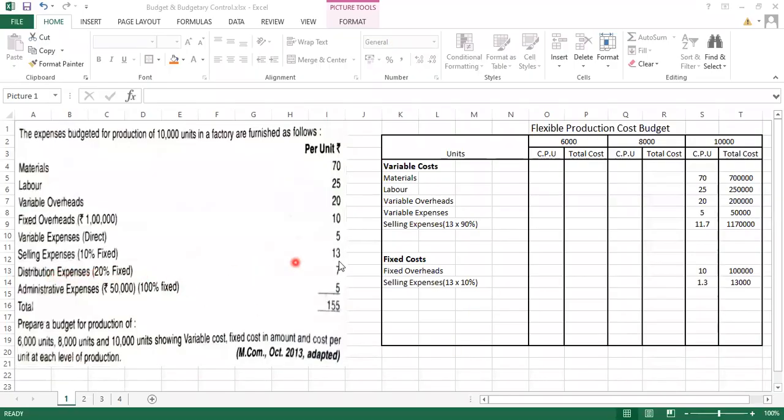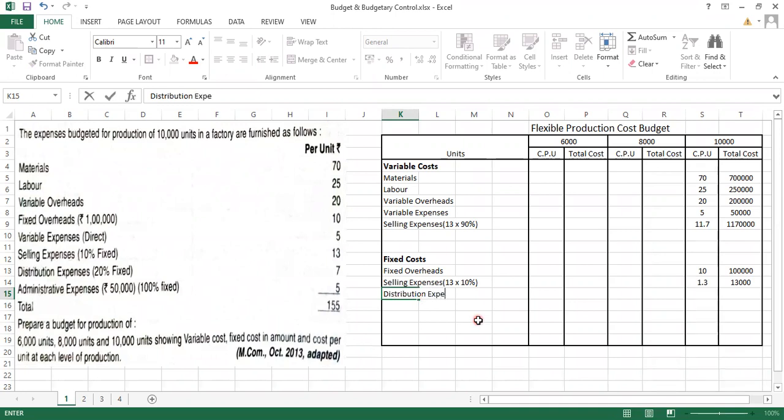Next is distribution expenses. Distribution, 20% is fixed. So 7 का 20%, 1.4.